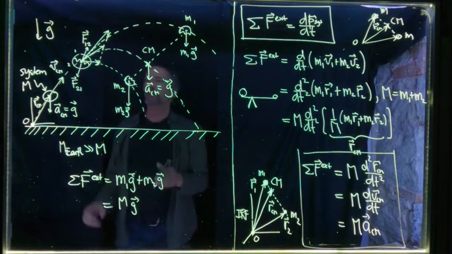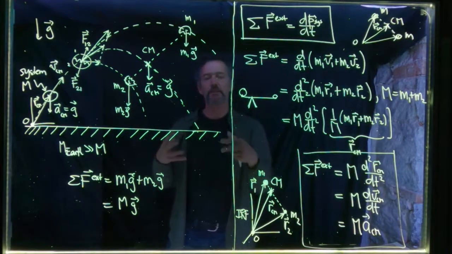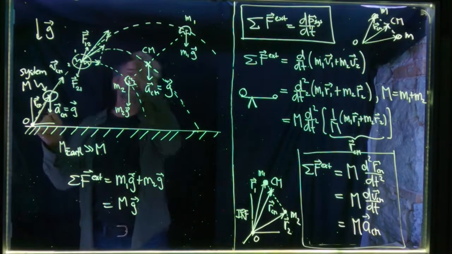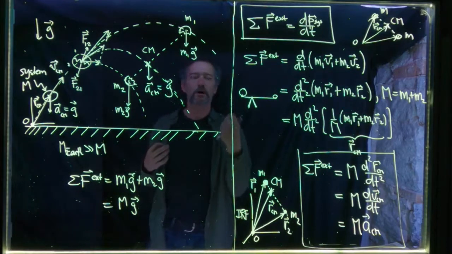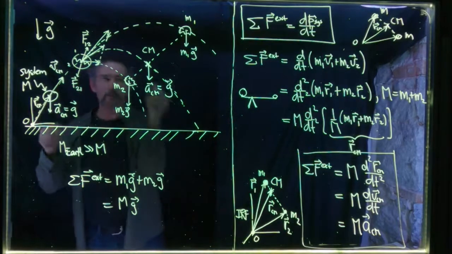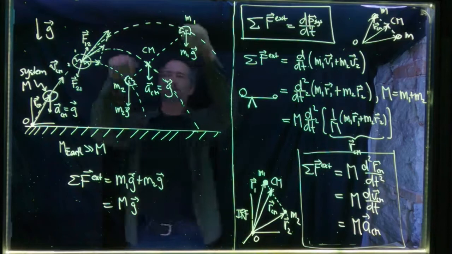Okay, so the point is that regardless of internal forces acting amongst the particles making up our system, the system as a whole continues to move as if it is a single point particle of mass big M equal to the sum of all the masses making up the system, acted upon by the sum of all of the external forces.